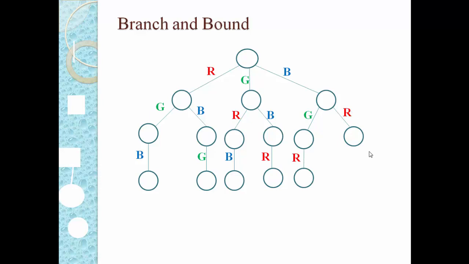Here blue, red, so the next possibility is green. So level by level we have visited different nodes, so we are using the breadth first search algorithm in branch and bound. Again, we are using a bounding function also in this case, but later on we will discuss it when we solve a problem by using branch and bound.